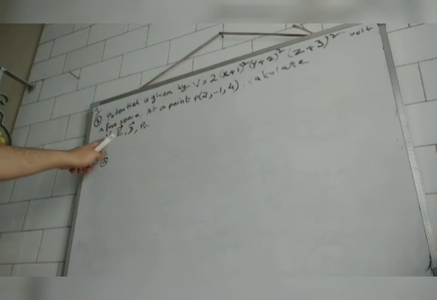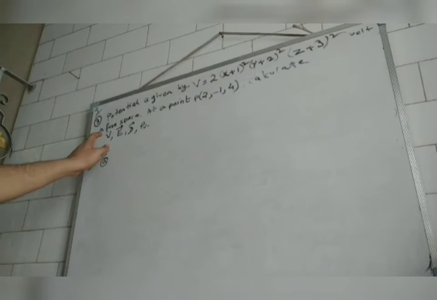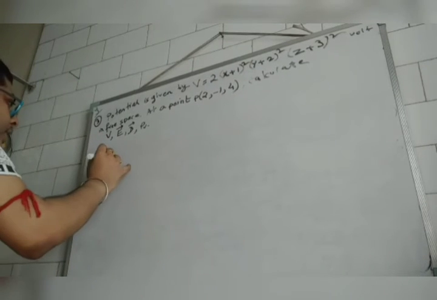Then you need to calculate the electric field, then the flux density, then the volume charge density. So this problem is very easy. Let us calculate the potential.